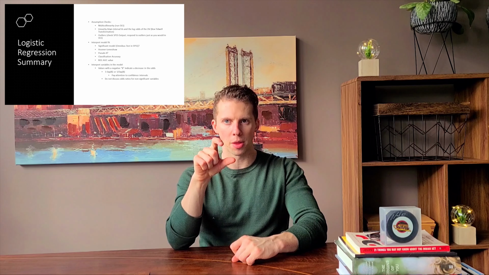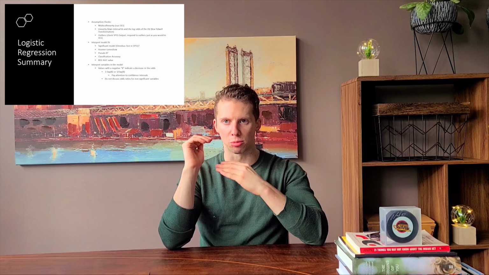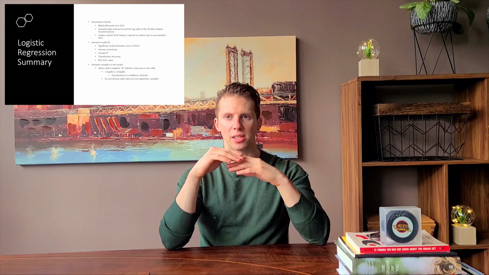As I mentioned, I'll take some time at the end of this video to go through odds ratios in more detail. If we have a negative B value, it's going to indicate a decrease in the odds, means that our odds ratio value will be less than 1.